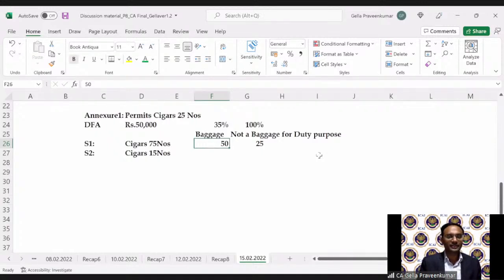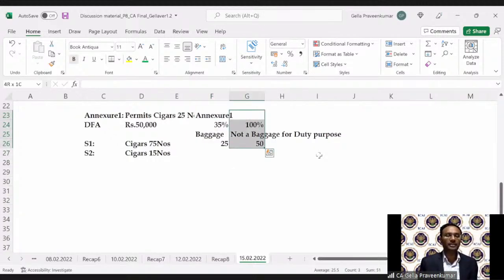So let me change this way. 25, 50. I'll correct myself. As per Annexure 1, I was permitted to have 25 cigars. So how much is not permitted? Not permitted 50 numbers. So when I was permitted 25 numbers, I'll bring as a part of baggage.